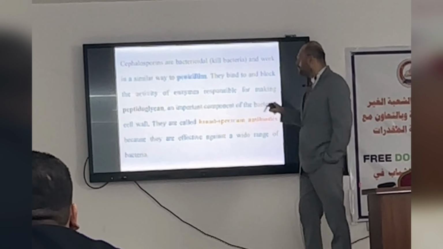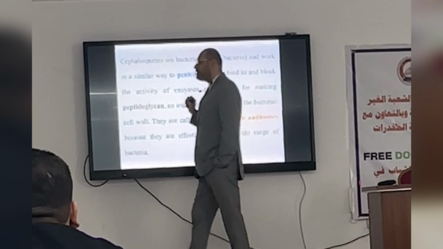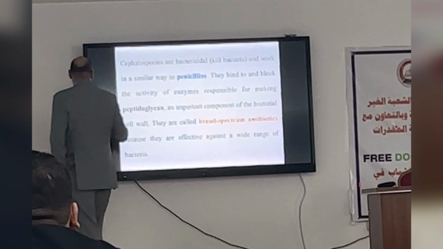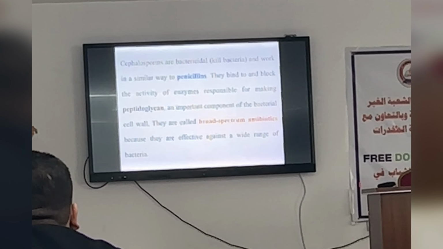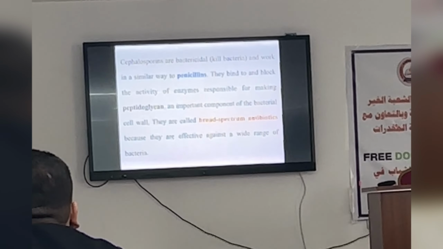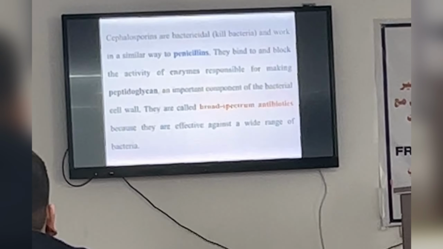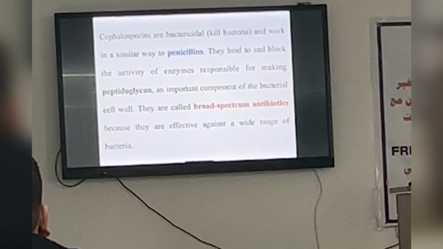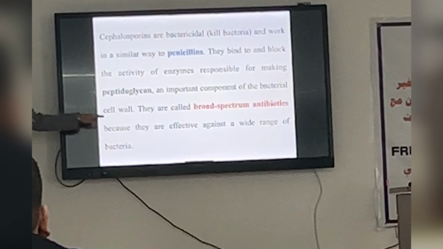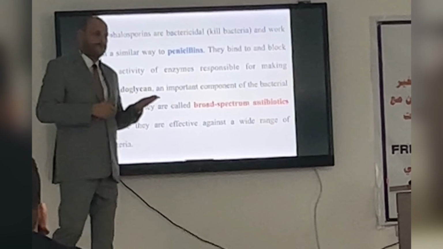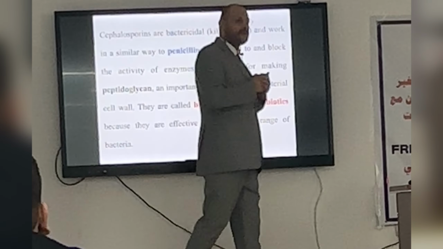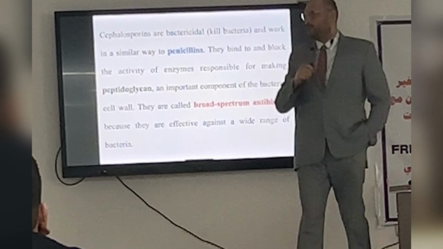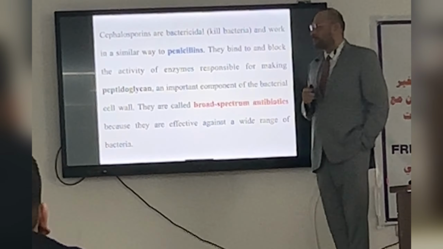So when it says it has a similar action to penicillin, it means we have the same mechanism of action. They bind to and block the activity of the enzyme responsible for making peptidoglycan, an important component of bacterial cell walls. So they are cell wall synthesis inhibitors, the same way that we had with penicillin.